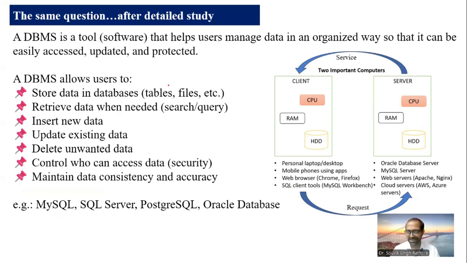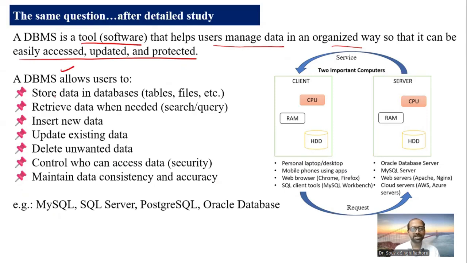And finally, we come to this slide which I had discussed in the first lecture. What is DBMS? It is basically software that helps users manage data in an organized way so that it can be easily accessed, updated, and protected.